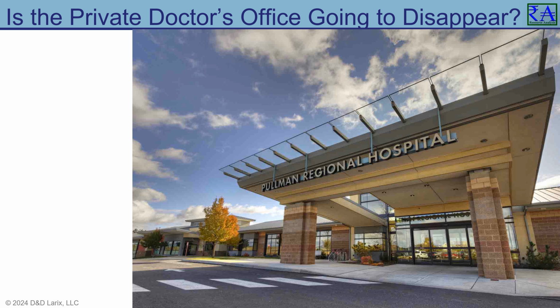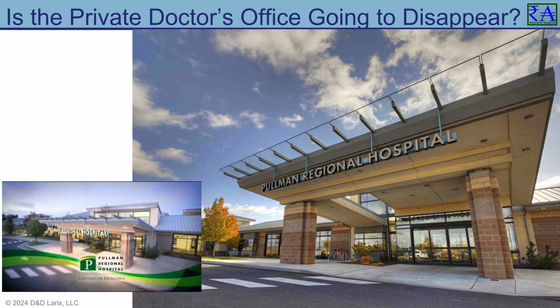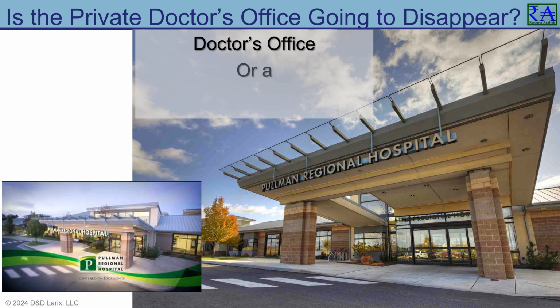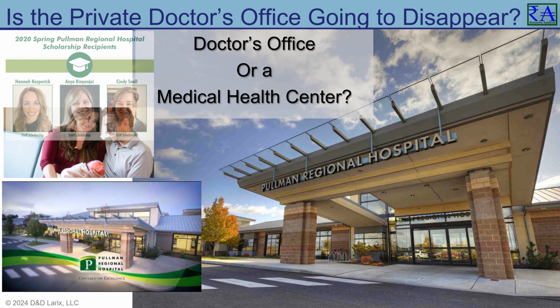Let's consider Pullman Regional Hospital as an example to explore how microeconomic principles apply to healthcare decisions. Traditionally, many doctors in the United States have worked in private practices they own individually or with a small group of other doctors. However, in recent years, an increasing number of doctors have chosen to work as salaried employees of hospitals.